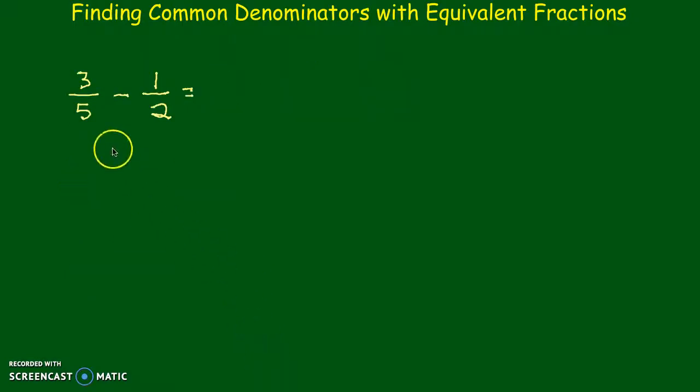For our next sample problem, we're going to do 3/5 minus 1/2. Again, we have different denominators, so we have to find a common denominator, and we're going to do that by using equivalent fractions. So I'm going to start with my first number here, 3/5, and 3/5 times 2 over 2 would be 6/10.